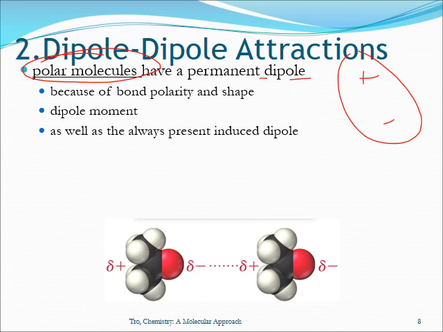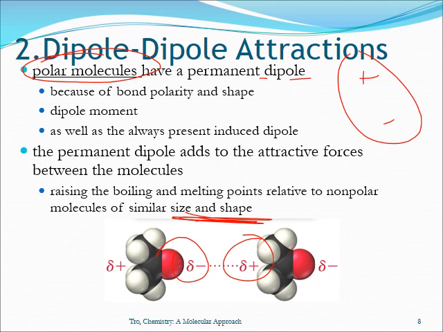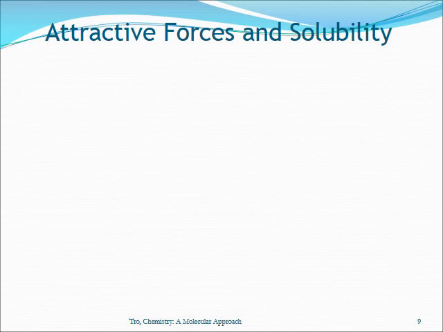So if we look at this, there's this slightly negative end, there's this slightly positive end, so there's this dipole-dipole attraction that's going to hold these two molecules together. And again, you raise the boiling point and melting point, it's going to be a lot higher than nonpolar molecules as long as they have a similar size and shape. So that's going to give us a high right there.